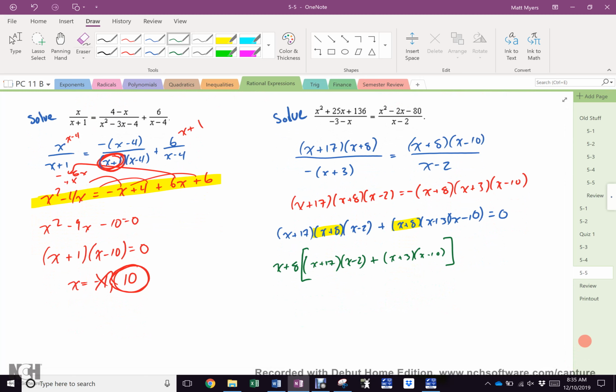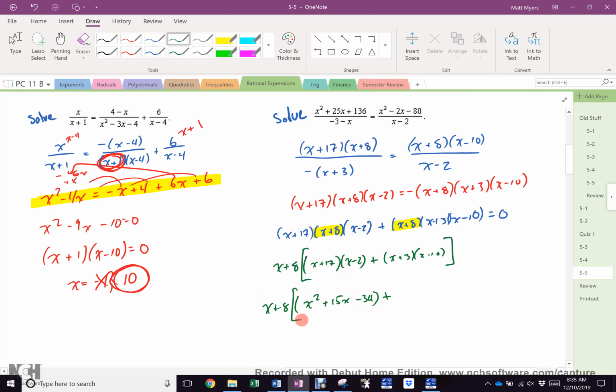So now our friend Jacob is going to say what he thinks we should do here. Expand. X plus 8, x squared plus 15x minus 34, yeah?